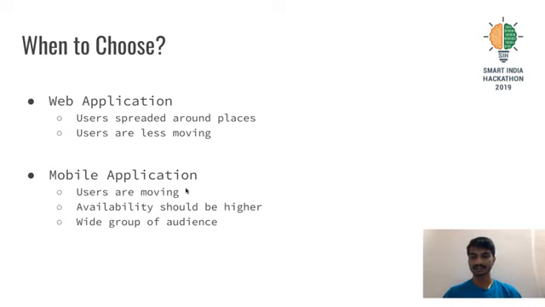The availability of the application is very high because mobiles are always in the users' pockets. And when it needs to reach a wider group of audience, and the audience is not very targeted, like internal users or an enterprise or targeted users, then it is better to go for the mobile application when compared to web applications.